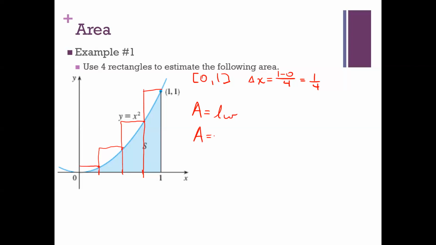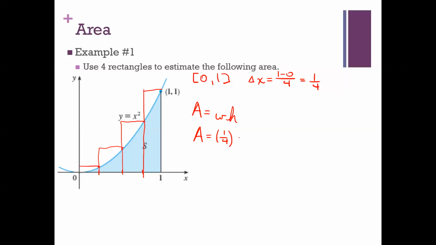Instead of length by width, I'm going to call it width and height to make it more clear. So it's 1/4 times something. What's the height really? More importantly, how do I find the height?